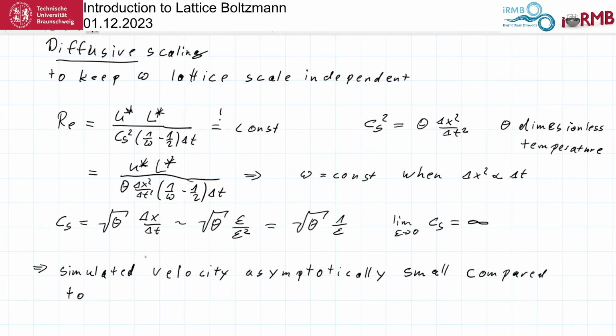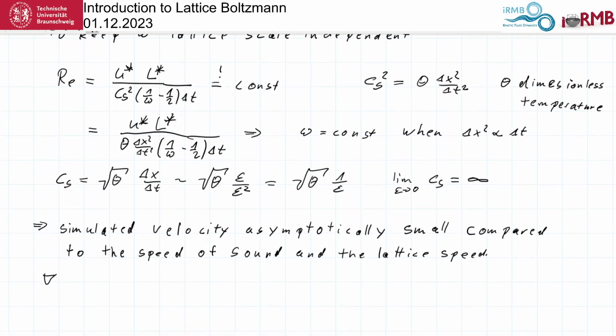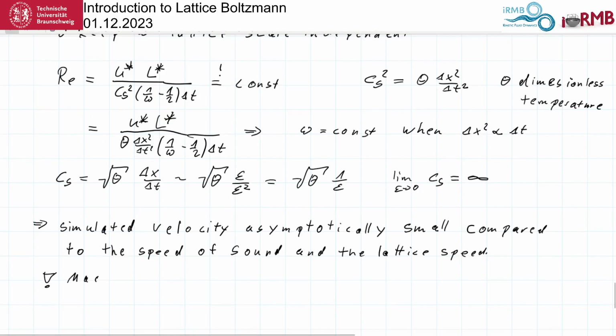We have no acoustic errors and no Mach errors, or let's say we don't have none, but they become smaller the finer the grid we use. Of course, as we just said, the Mach number is not scale invariant, so we are done with acoustics.